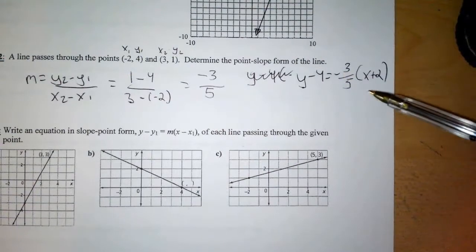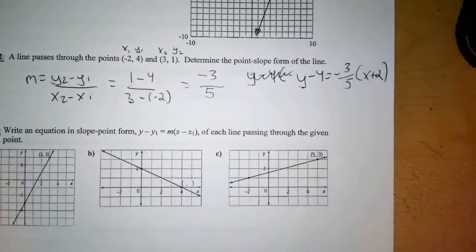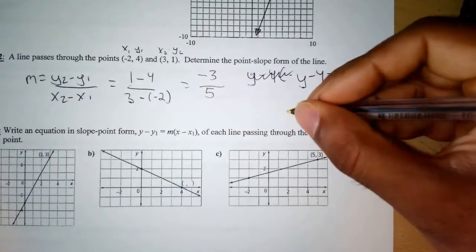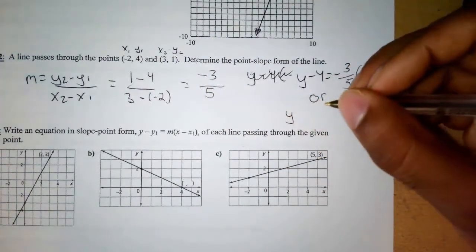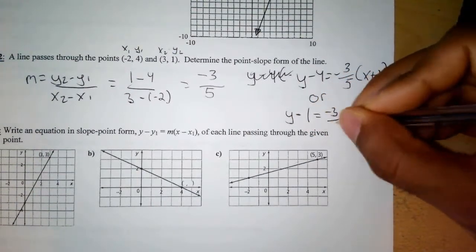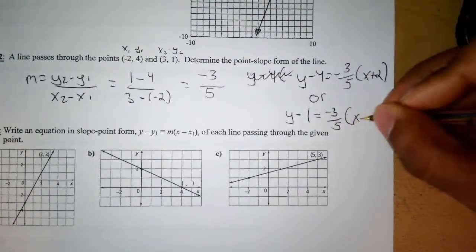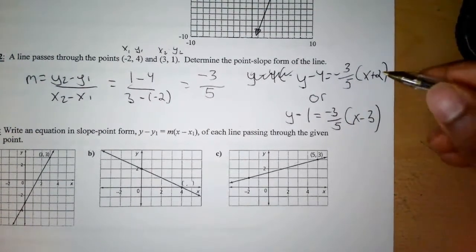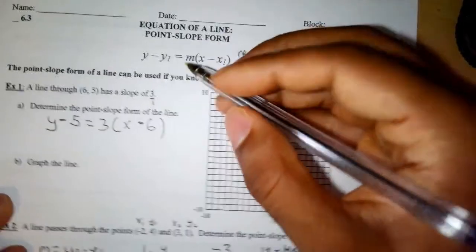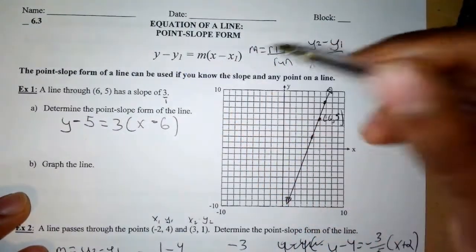Just notice it's plus 2 because it's minus negative 2 in the equation. Or you could write it using the second point. So y minus 1 equals negative 3 over 5 x minus 3. So either one of these would be correct. We're just trying to put it into the point slope form like that.